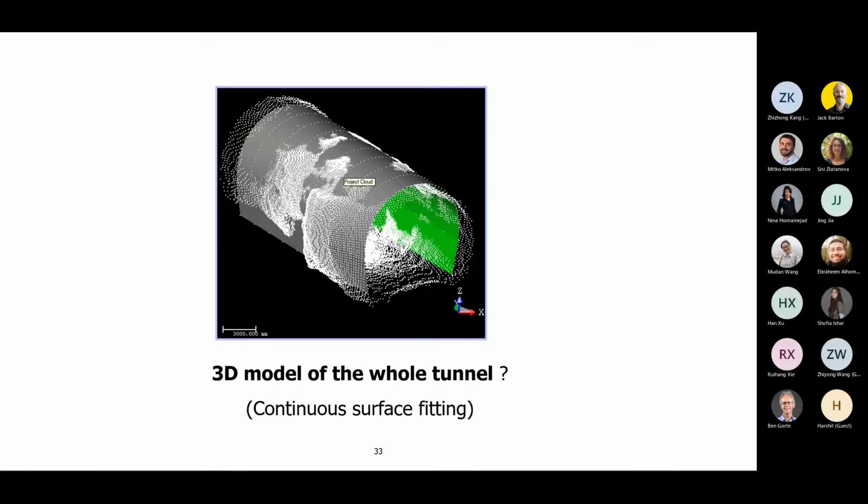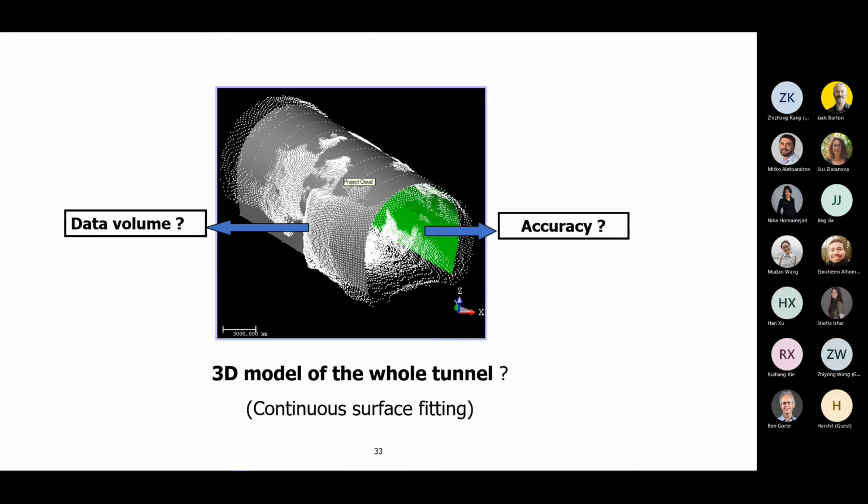And next. The data volume is an issue, because we need to handle millions of points at the same time. Next. And also, we are not able to maintain the accuracy if we are using the whole model of the tunnel. Next.